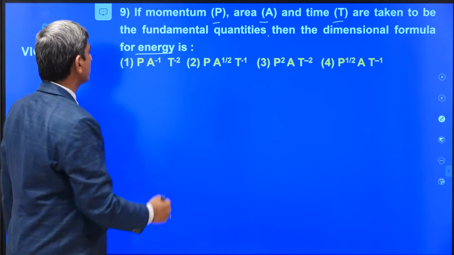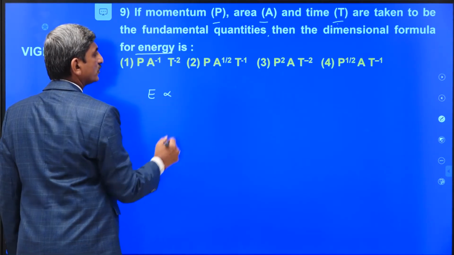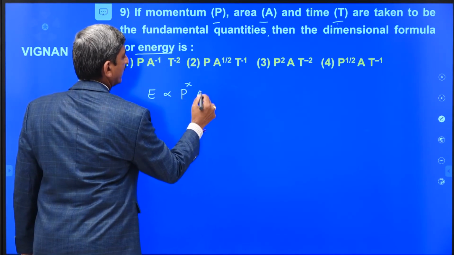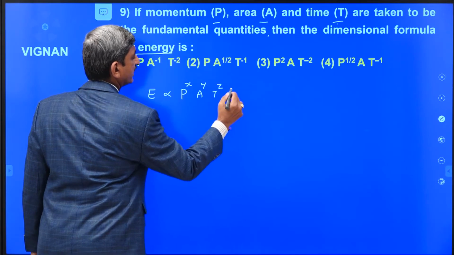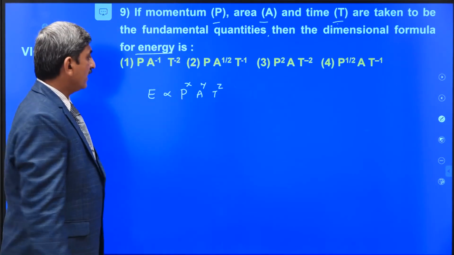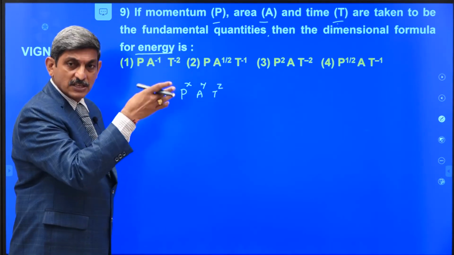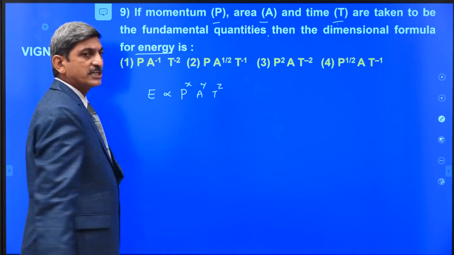For that, let us assume that the dimensional formula of energy E is proportional to P to the power of x, A to the power of y and T to the power of z. Here P, A, T are the quantities which are to be taken as the fundamental quantities. For that we assume the unknown powers x, y, z.